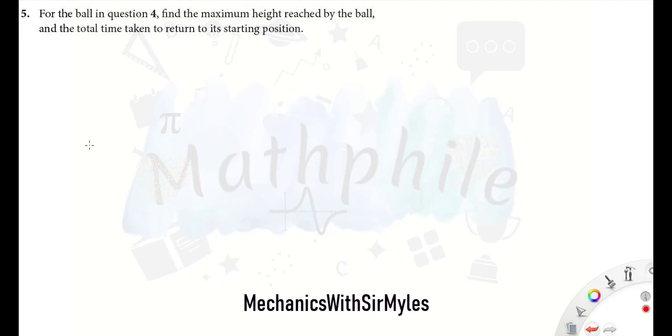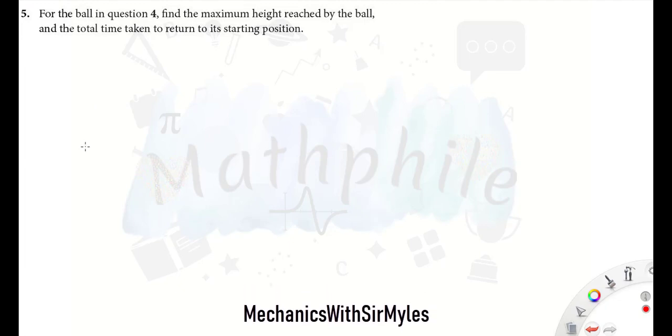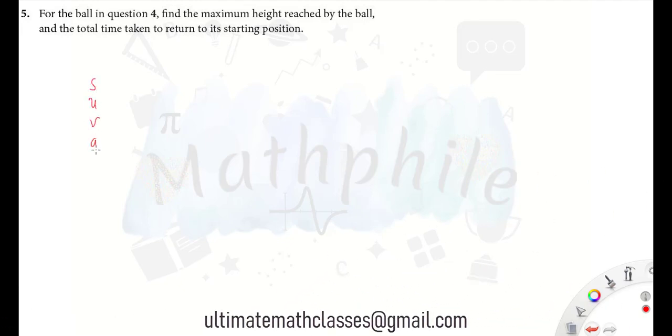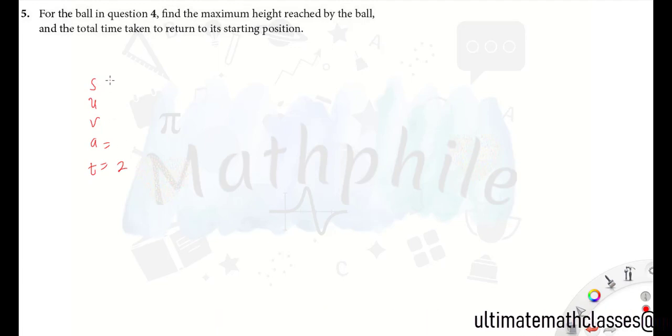So you've got the details of the previous question, right? Let me write the keywords over there. The time was 2, the acceleration was negative 10, the displacement was given as 25, and the initial velocity was 20.